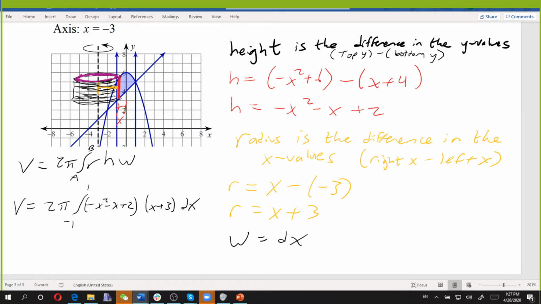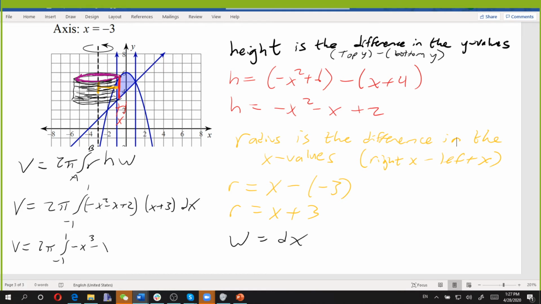Okay, Kelly again. What's going to happen when I multiply these out, before we integrate? Okay, you're right.